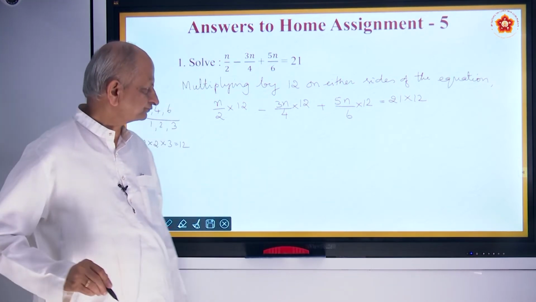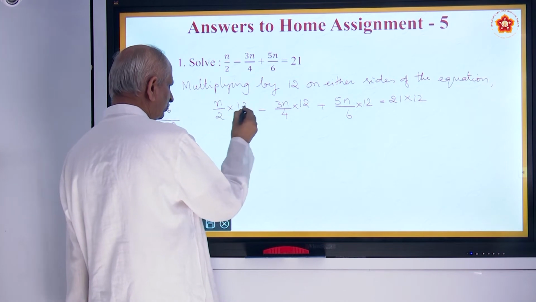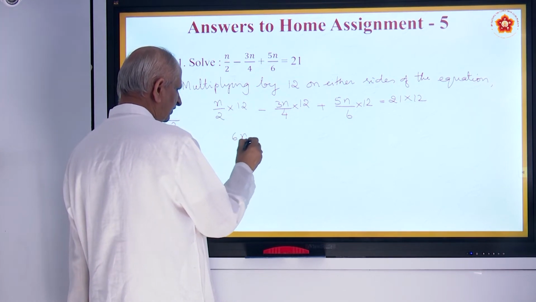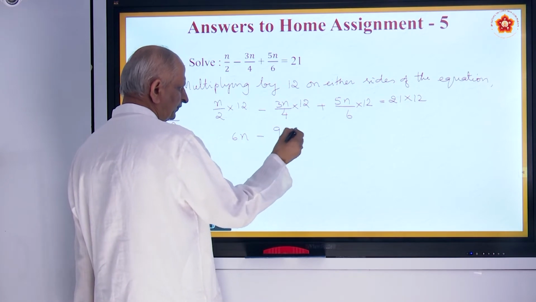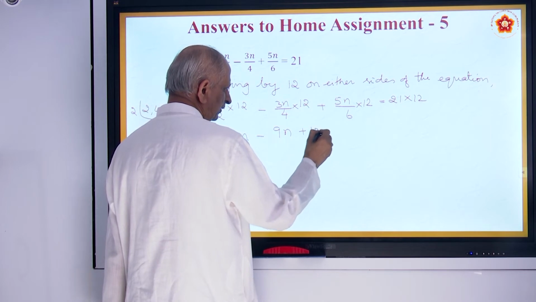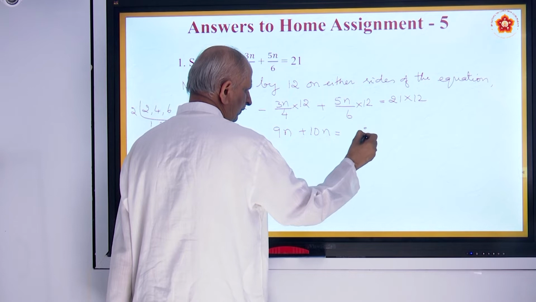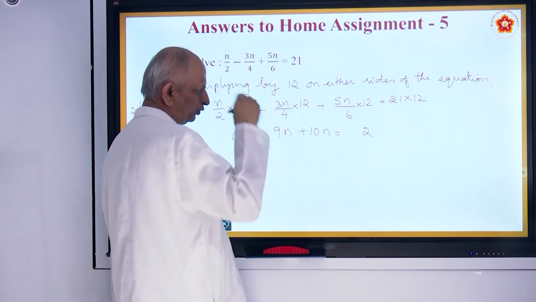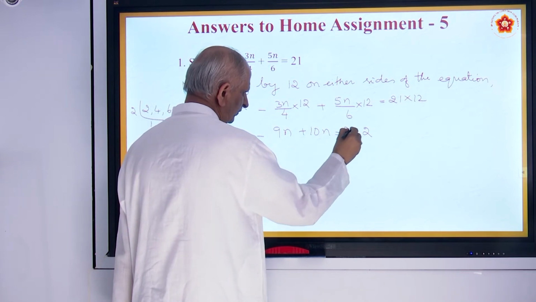So on either side, the left hand side as well as the right hand side, you must multiply every term. Now cancel: 2 6s are 12, correct? Then you get 6n. 4 3s are 12, 3 3s are 9, so 9n. 6 2s are 12, 2 5s are 10, so 10n. Is equal to 21 into 12: 12 1s are 12, 12 2s are 24, plus 1, 25, correct?